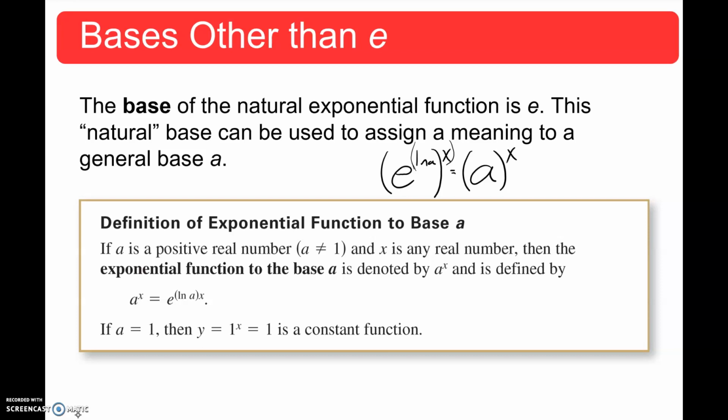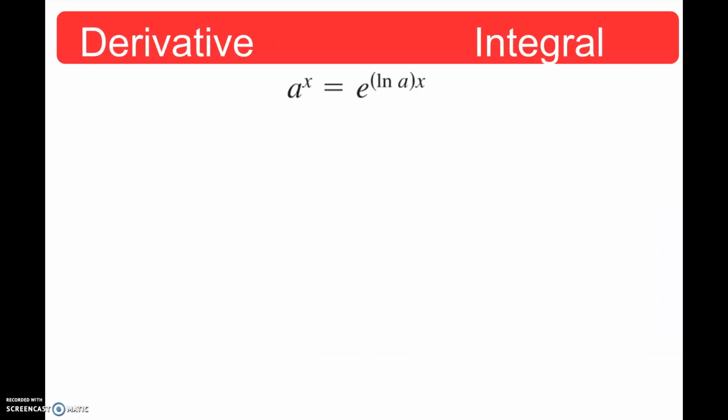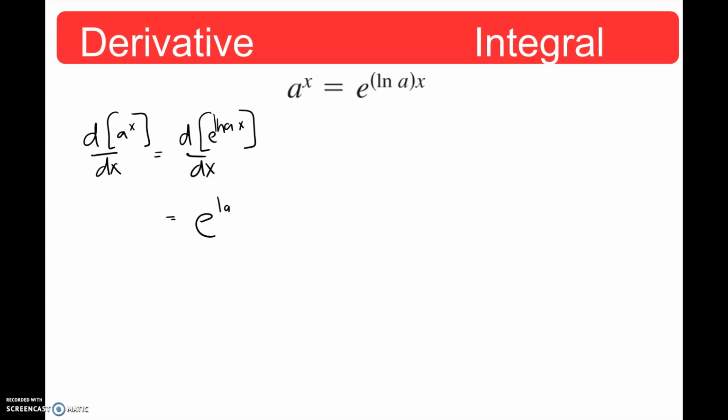Okay, so let's do it. So if a to the x is e to the ln a times x, then the derivative of a to the x, which is what we're trying to find here, right, is equal to the derivative of e to the natural log of a times x. And we already did these, right? The derivative of e to some function of x is e to that function of x times the chain rule, times the derivative of the exponent.